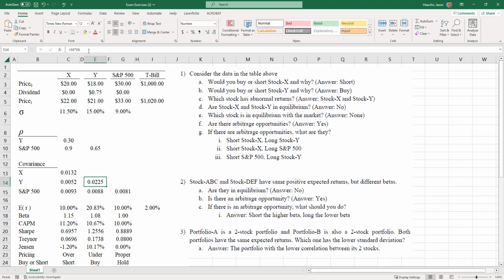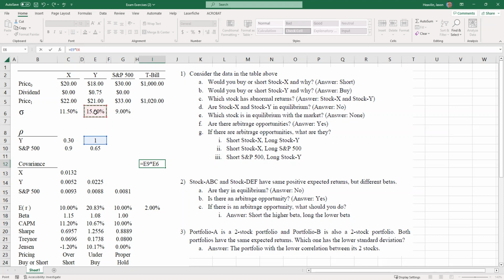If I was to do the whole thing, remember earlier when I said the correlation of Y and Y equals 1? I'm going to follow the same process here on the side. It's the correlation times the standard deviation of the first asset, Y, times the standard deviation of the second asset, Y again, because it's the covariance of Y with Y. And that's why you get that number.